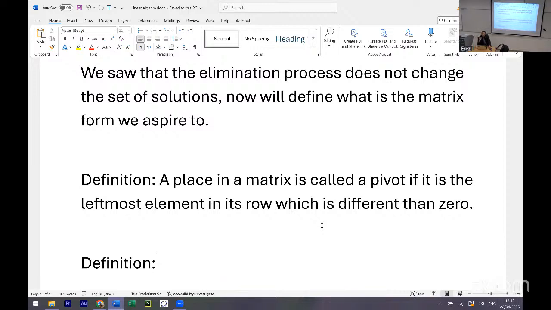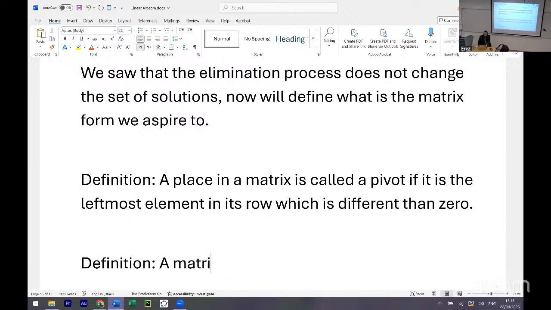So the pivot marks the first variable that actually appears in the equation. And they are important because we want to separate the variables. So we want variables to appear in as few equations as we can. So the pivots are the way to speak about them. And that's what I'll do now.